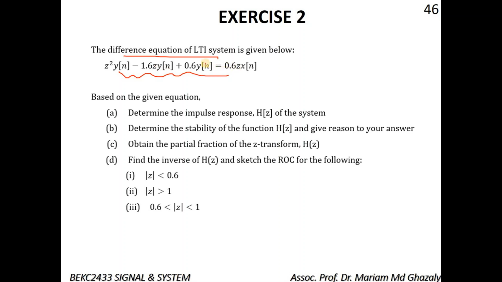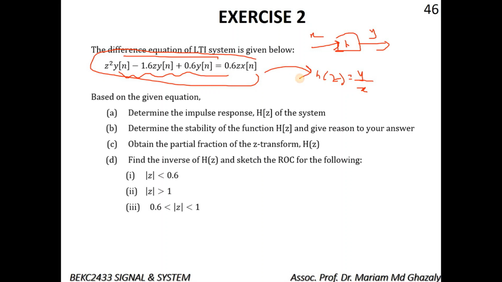You have yn and xn, right? So normally you have the input xn, output yn, and the system equation h(z) is y over x. So rearrange this so that you get this equation.